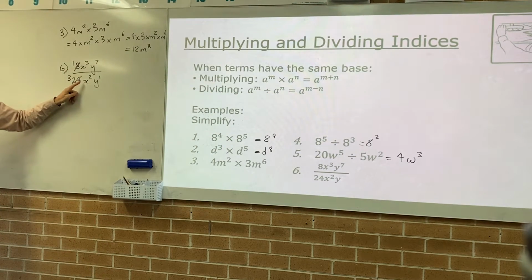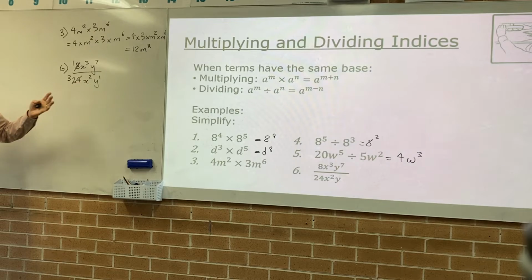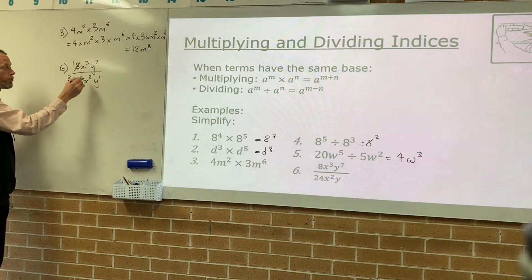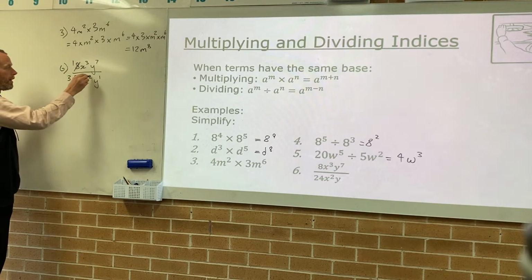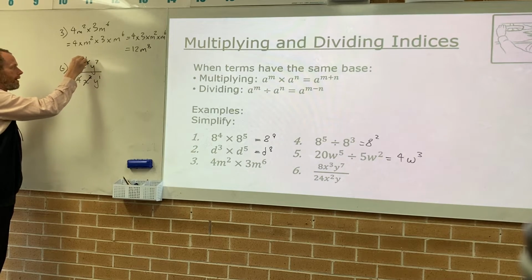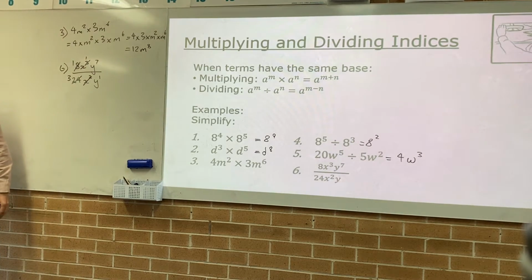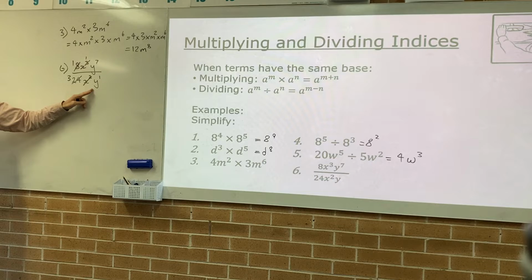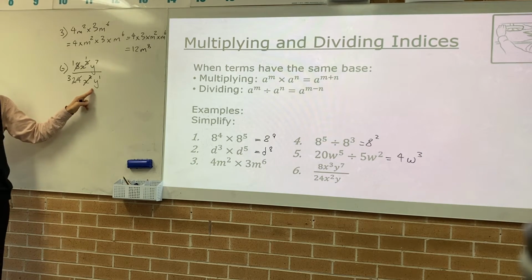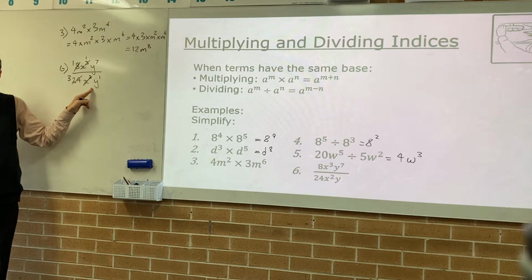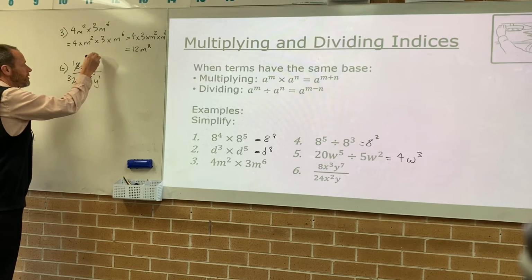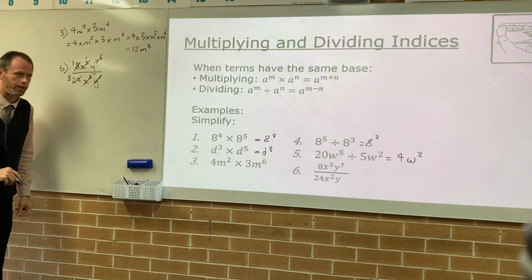Minus. Now effectively, it's becoming 3 minus 2. I'm cancelling out all of that, and that just becomes 1. In the same way, y to the 7 divided by y to the 1, what does it become? Y to the 6. So that becomes a 6 and that cancels out.